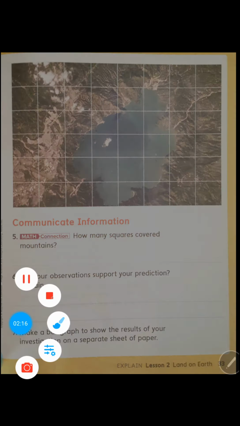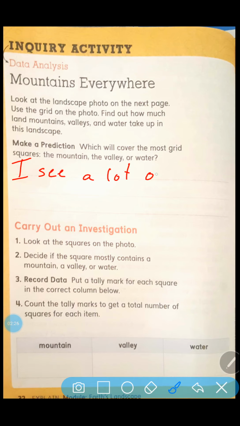So let's write about that. I see. So let's write. I see a lot of mountains in this landscape.